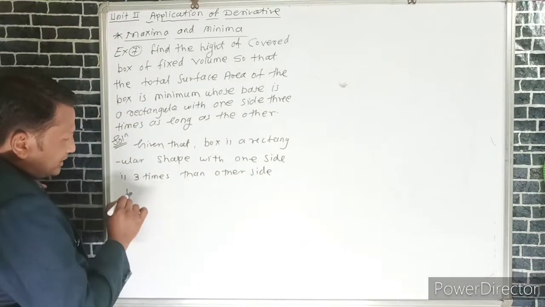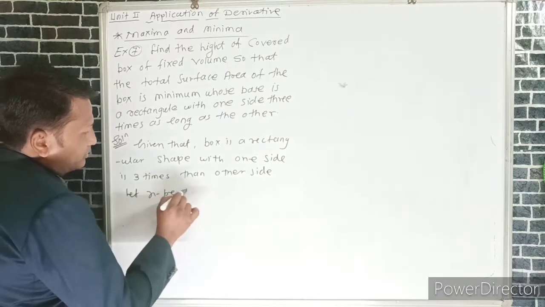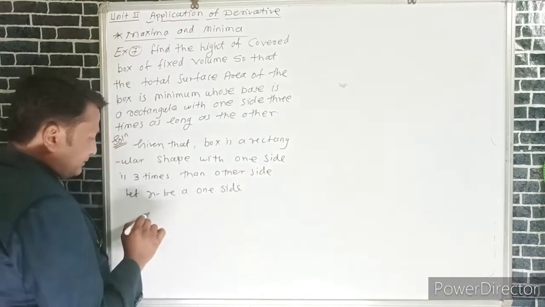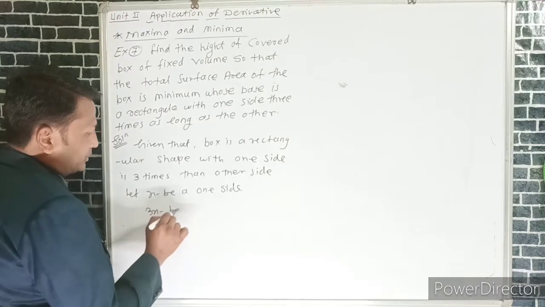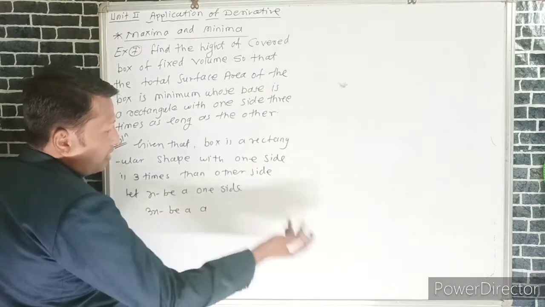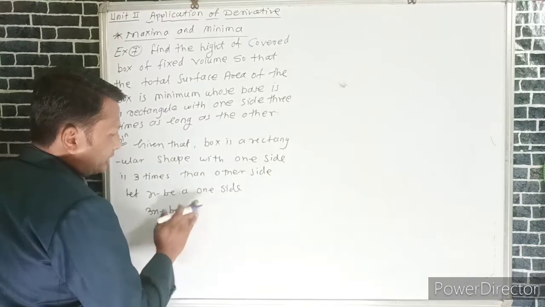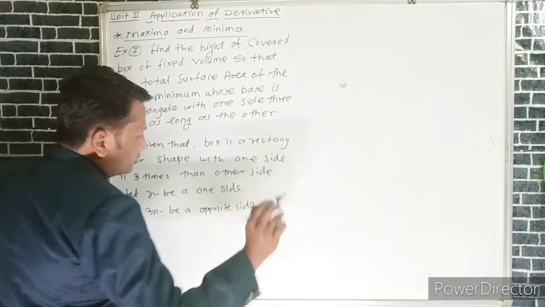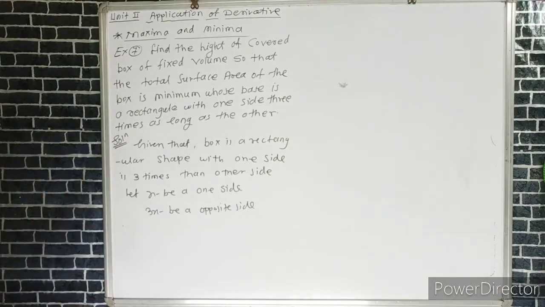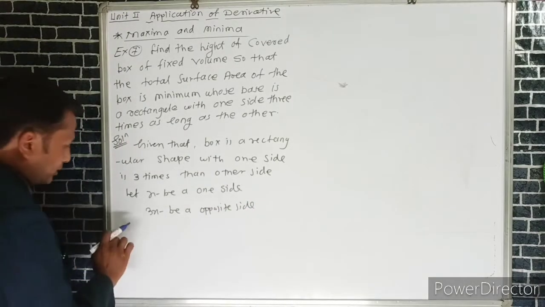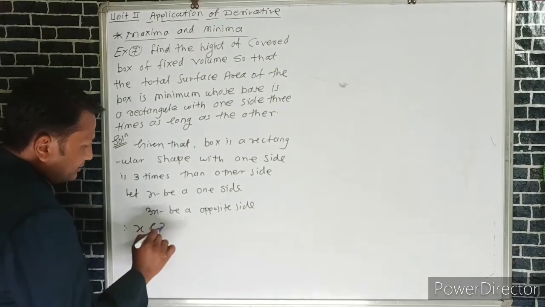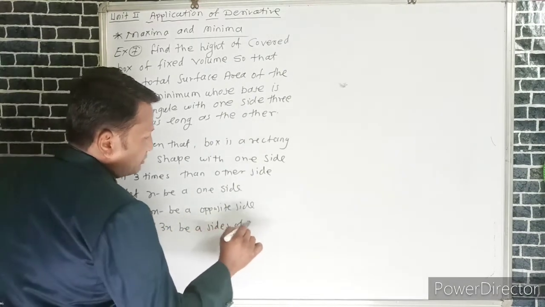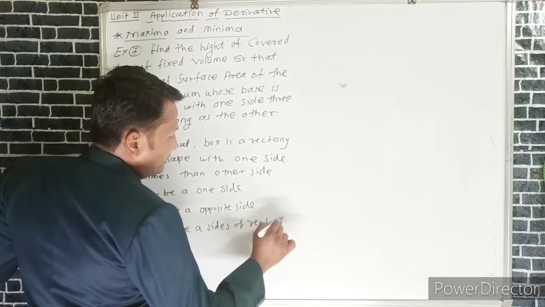If we consider x as one side, then 3x is the opposite side. So therefore we can write x and 3x as the sides of a rectangle.